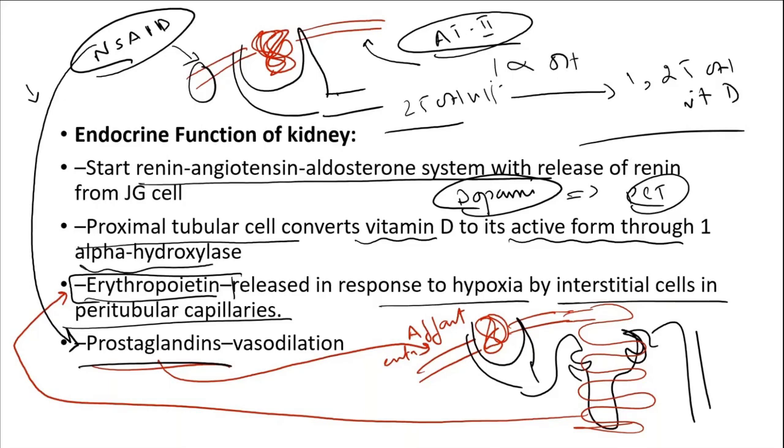And it affects both afferent and efferent arteriole. At low dose, it can dilate both afferent and efferent arteriole, but at high dose, it acts as vasoconstrictor. So this is renin-angiotensin, aldosterone system, and other functions of the kidney.